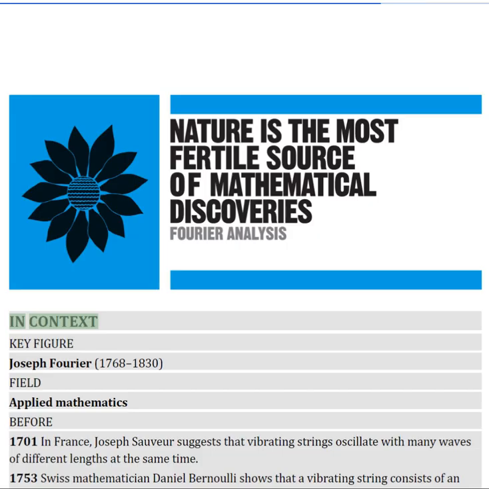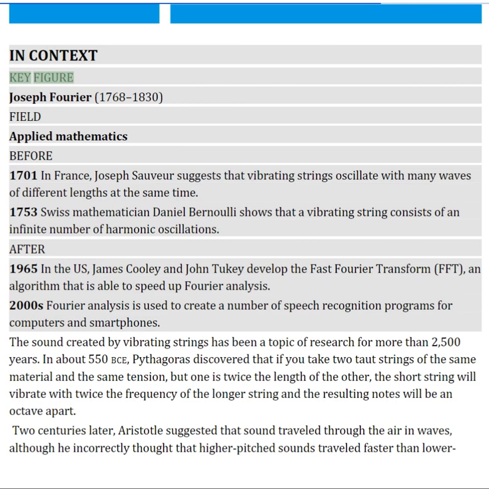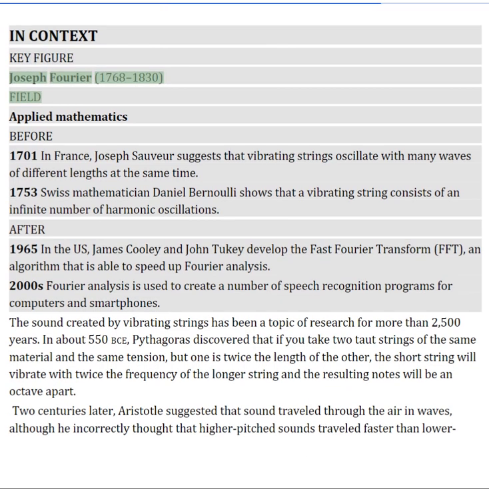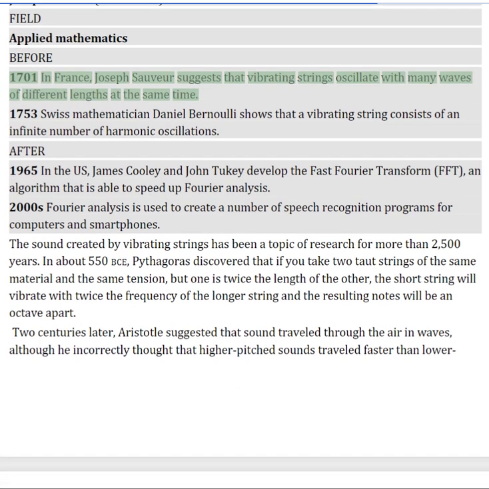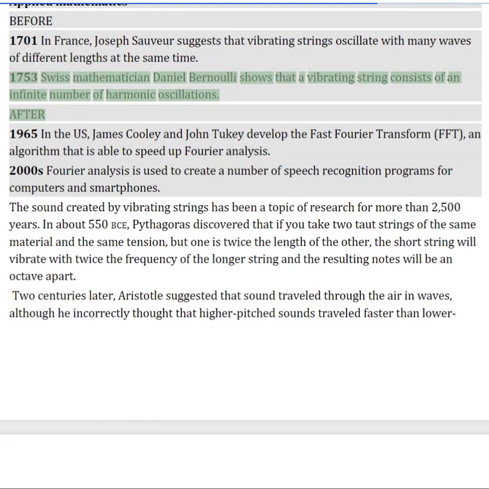In context. Key figure: Joseph Fourier. Field: applied mathematics. Before: 1701, in France, Joseph Sauveur suggests that vibrating strings oscillate with many waves of different lengths at the same time. 1753, Swiss mathematician Daniel Bernoulli shows that a vibrating string consists of an infinite number of harmonic oscillations.